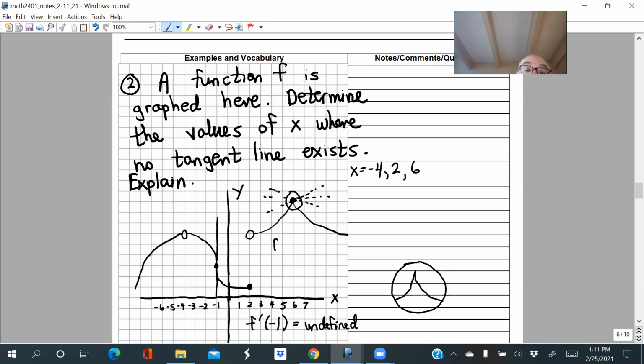Here, you would also be in trouble if someone asked you, what is f prime of 6? What's the slope of the tangent line at 6? You would also have to say undefined because there just is no tangent line. It's not that it doesn't have a slope, it's that there's no tangent line at all, okay? So here you have a tangent line without a slope. Here you don't even have a tangent line. In either case, the instantaneous rate of change is going to be undefined, okay?